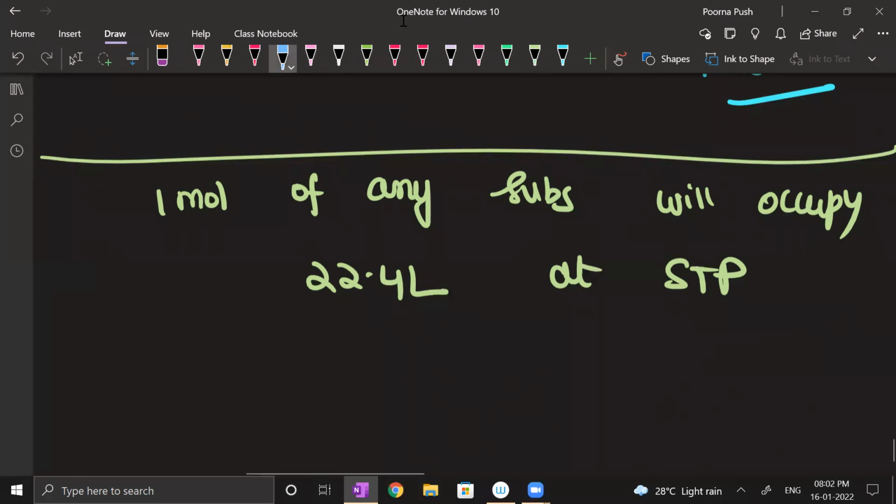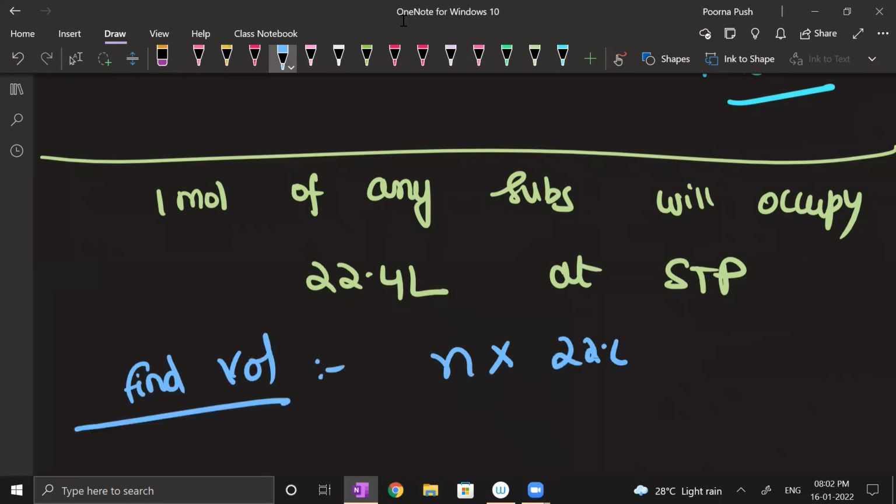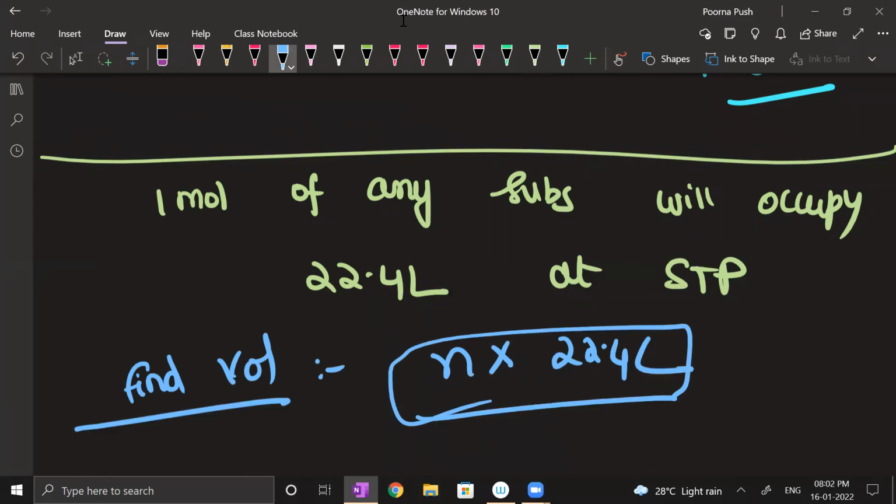If they ask you to find the volume, it is always n multiplied by 22.4 liters. For Avogadro number you multiply to get the number of atoms or molecules. Here, if you want the volume, number of moles multiplied by gram molar volume, that is 22.4 liters.